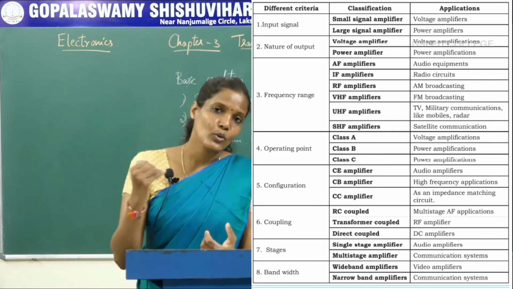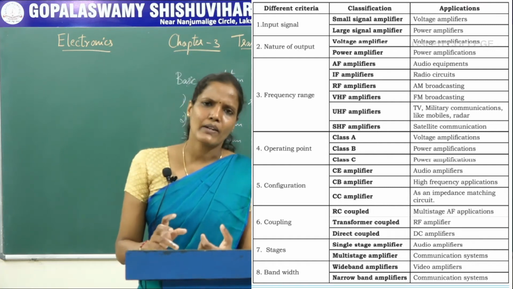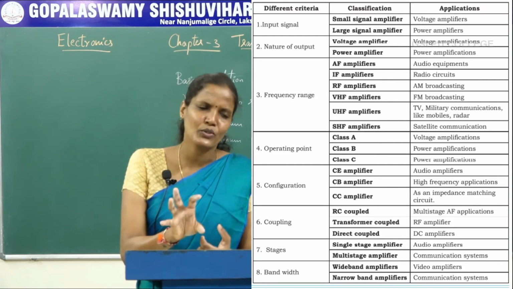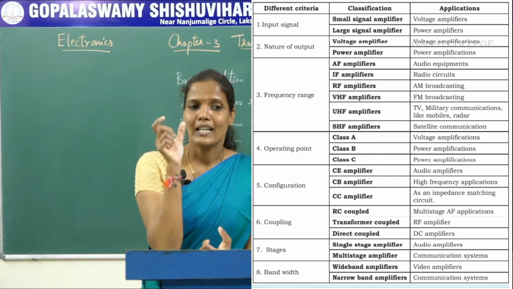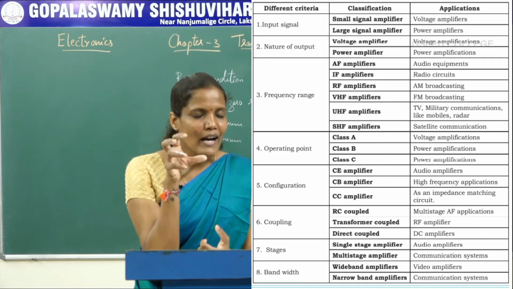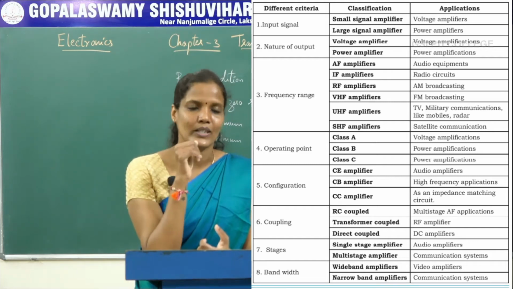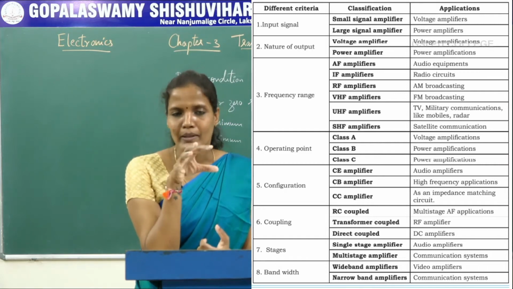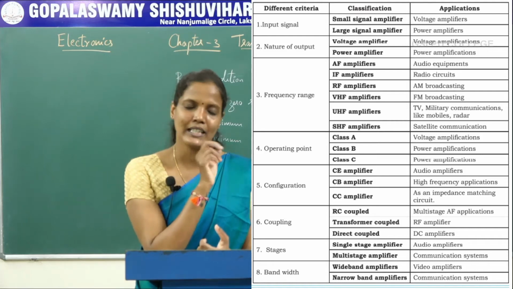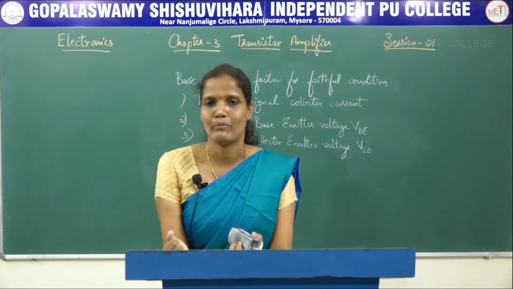So whether it is a voltage amplifier or current amplifier or power amplifier, and apart from that the frequency range which it can handle: the amplifiers that I am going to design can be used to amplify signals of a certain frequency range. So depending on which frequency range of signals I am amplifying, accordingly we can classify the amplifiers. The table of this classification of amplifiers is already displayed on the screen. Please go through that.